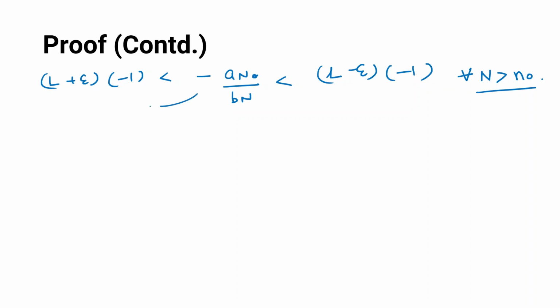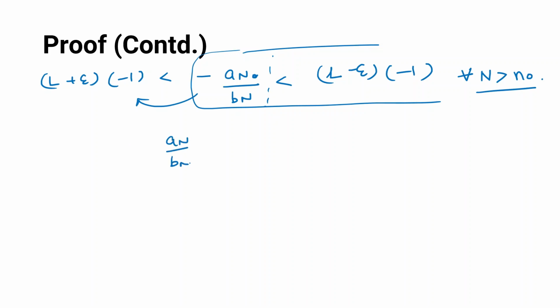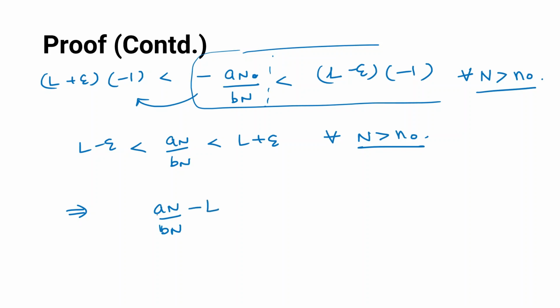Or you could just say that we take this one here and we consider this separately, and then you consider this inequality separately, and once you rearrange, what you're going to get is that an by bn is less than L plus epsilon. It is greater than L minus epsilon for all n greater than n naught, right? And finally when we rearrange, we get that the mod of an by bn minus L is less than epsilon for all n greater than n naught.